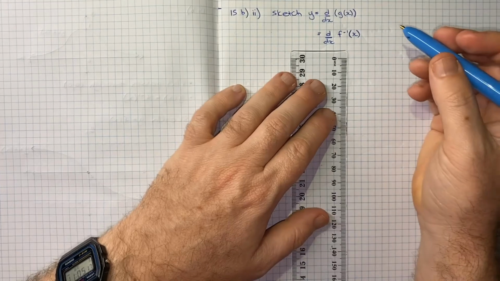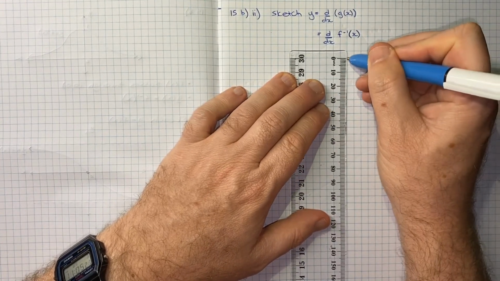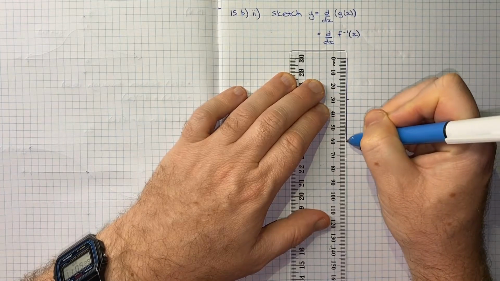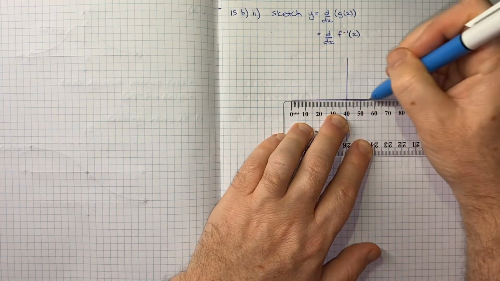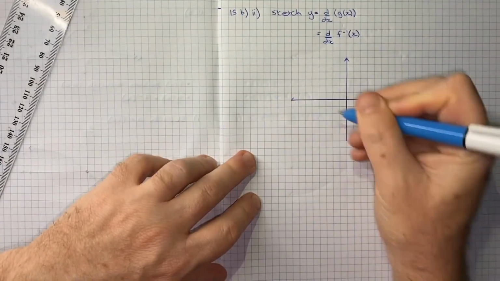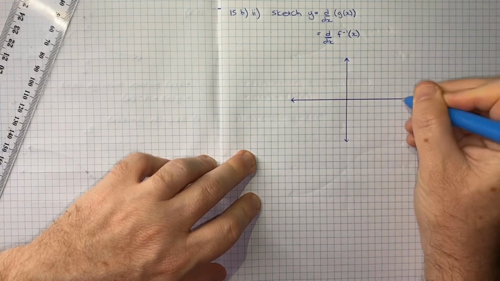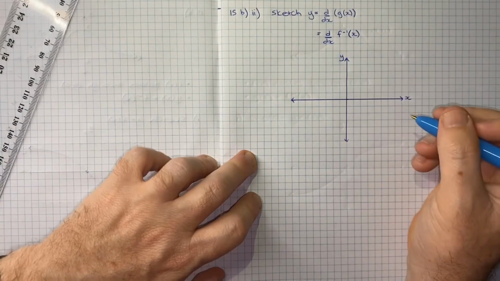So I might just draw up an axis where we'll focus first on just what the inverse looks like. So let's get an axis going. So this should work. I'll label our x and y, x for the horizontal, y for the vertical.